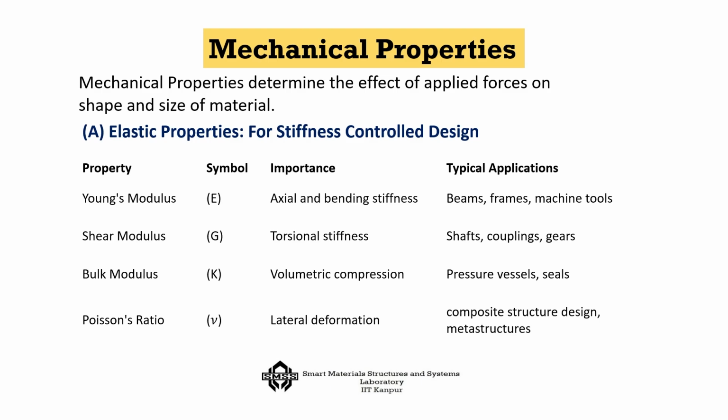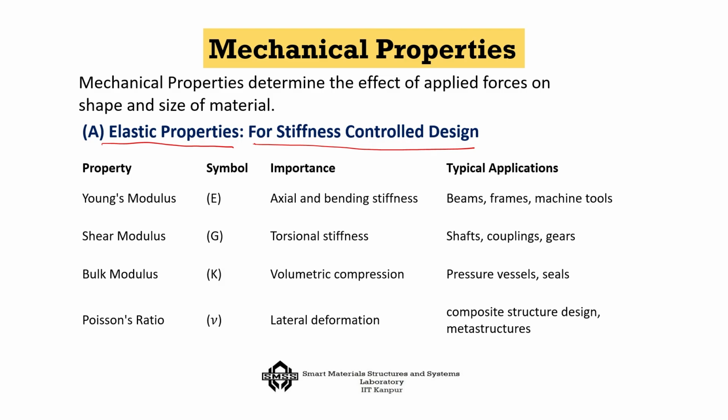So, the very first group are those that deal with the elastic properties. Why? Because you know already that for stiffness dominated design, the elastic properties play a very important role. When we look into elastic properties, of course, there are different elastic properties. One of them is the Young's modulus, which deals with the linear deformation.